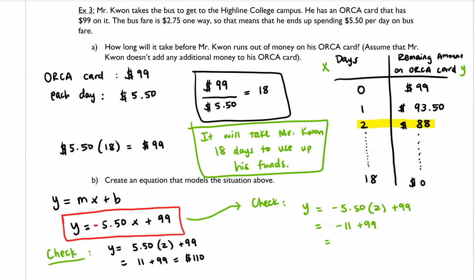And if I do negative 11 plus 99, that will give me 88. And so I put a green check mark there because that is the value that we wanted here. So again, the equation in the red box is the correct final equation that models this word problem.